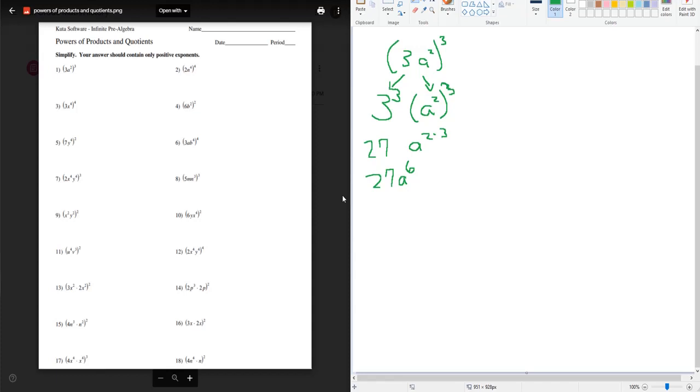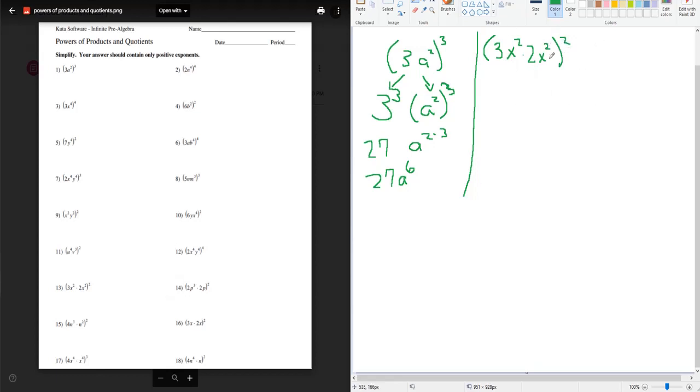Let's try something a little bit harder, like number 13. So again, with number 13, I know I did this in class, but maybe if I explain it a little better, it'll be a little bit easier. So again, I'm going to see what else I can do.